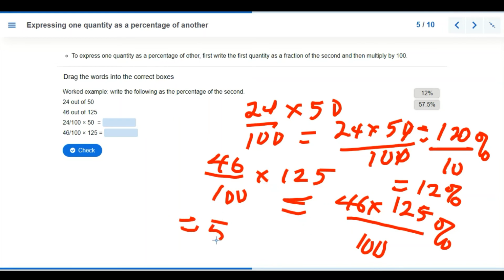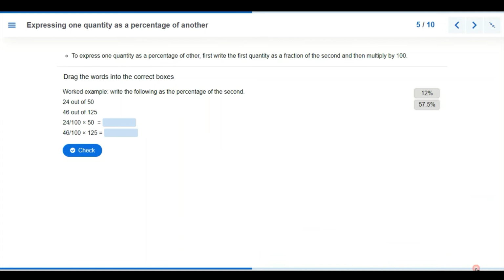So we are going to be checking through the solution to the activities that we have there. For the first one, our answer is 12%, and for the second one, our answer is 57.5% based on our calculation.